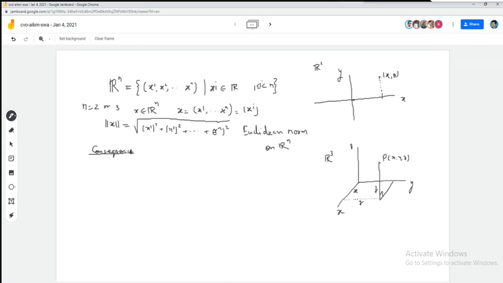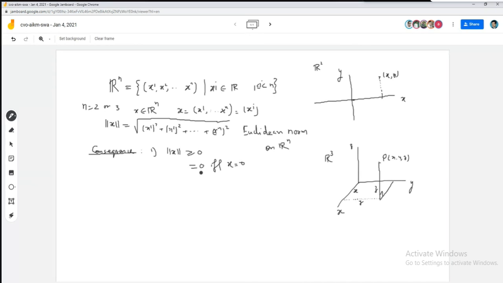Consequences. The first consequence is that the norm of any vector x is always greater than or equal to 0, and equal to 0 if and only if the vector x itself is 0.